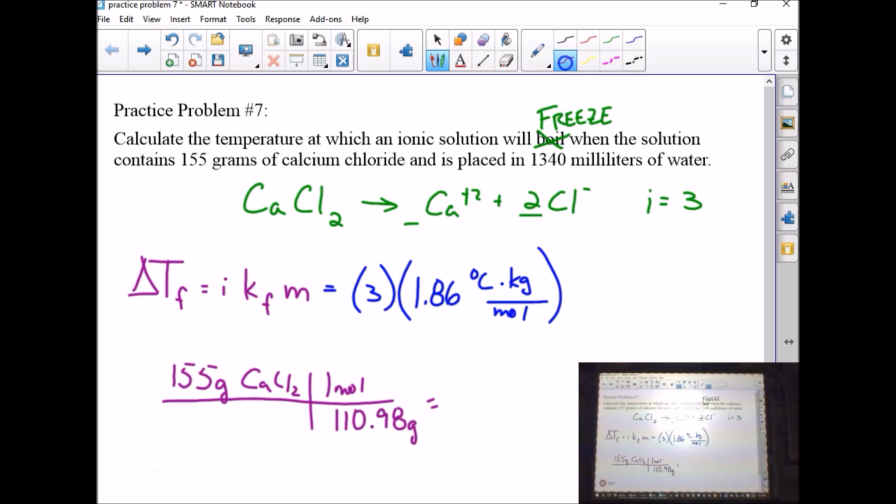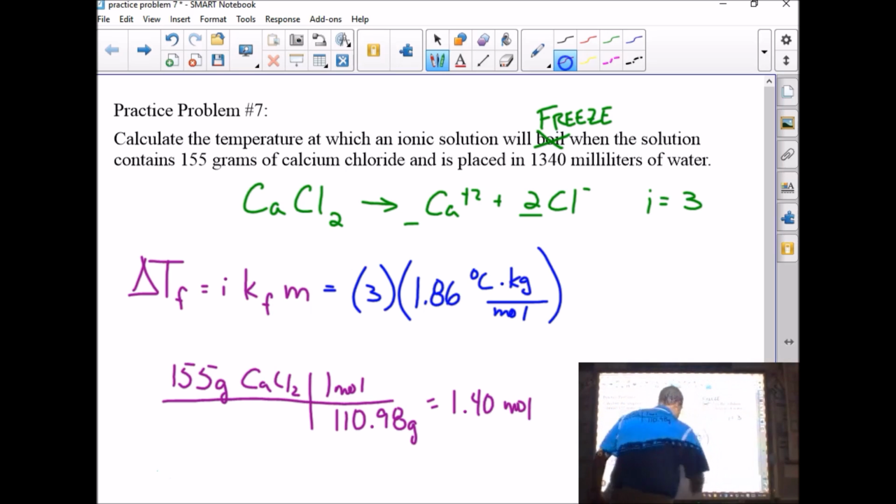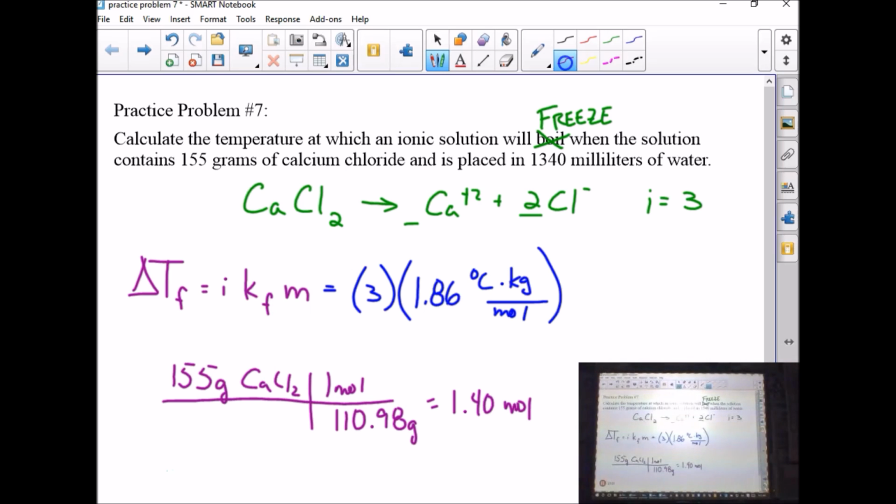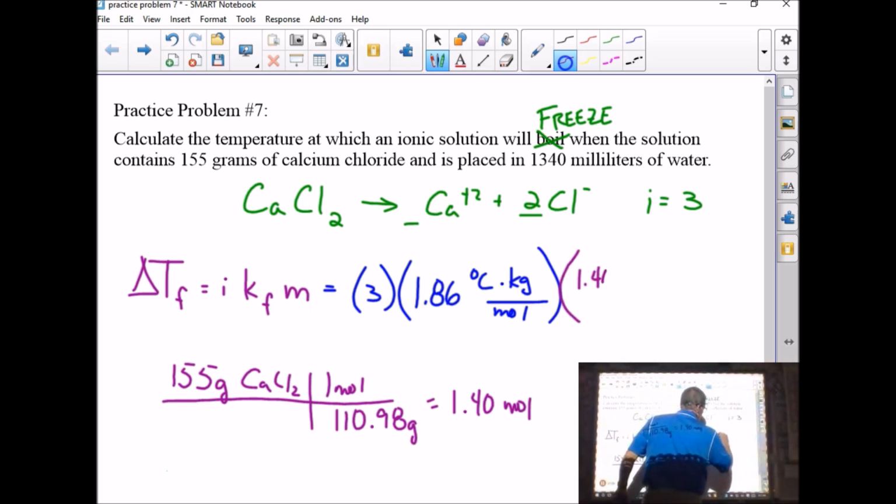So that would be a little higher than 1 there. 1.40, yeah, my calculator says 1.3966. Close enough. So 1.40 moles.